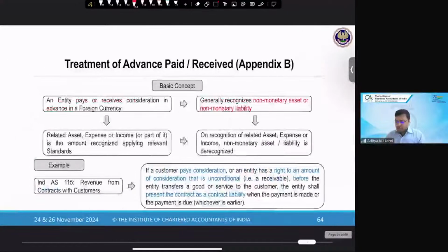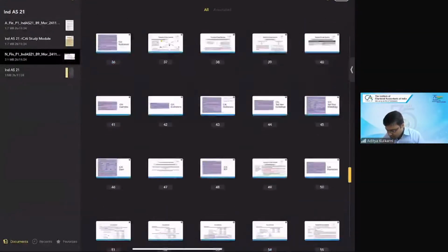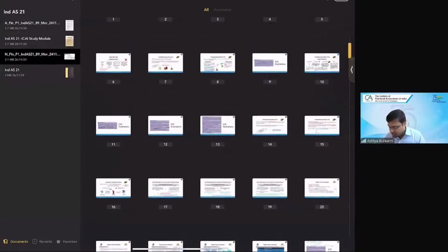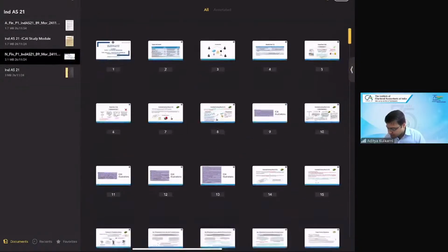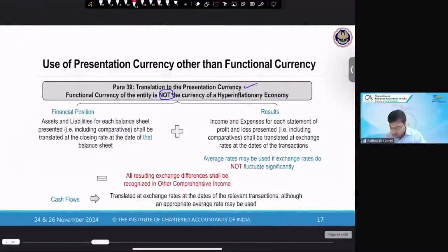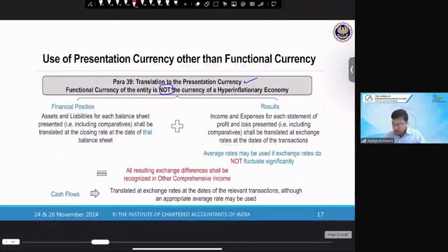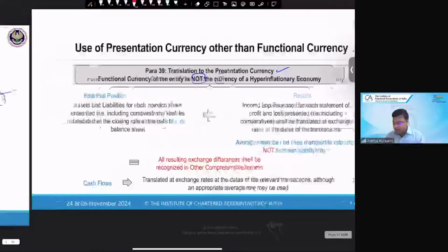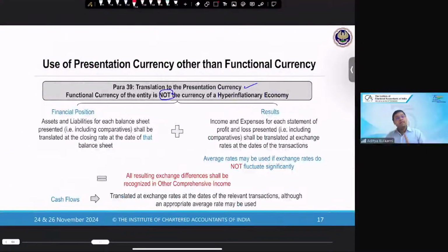Coming to this, one minute. Let me run you through a couple of slides, there is one NIFO which I need to do with you. I completed functional currency. Okay, usage of presentation currency other than functional currency. These principles are the same as what we do for conversion of foreign operations.